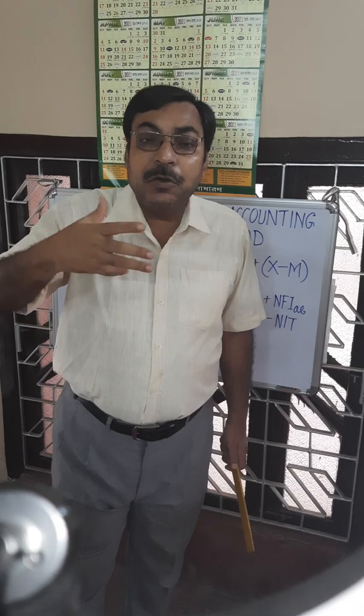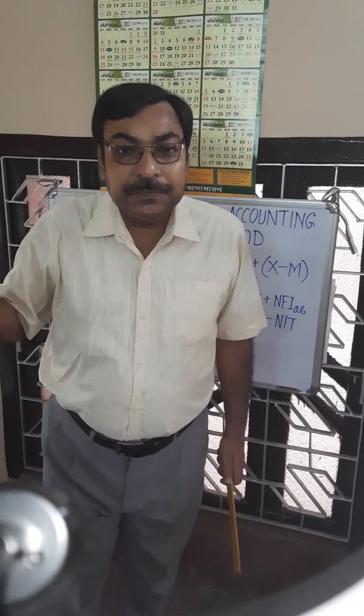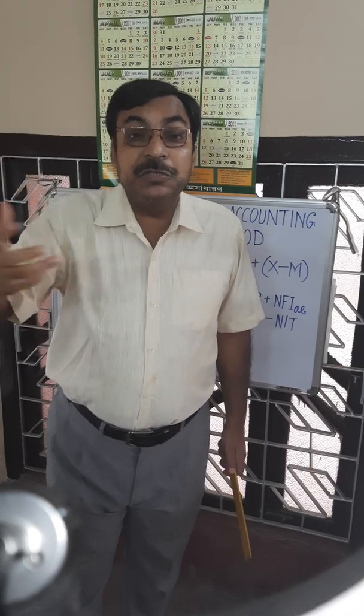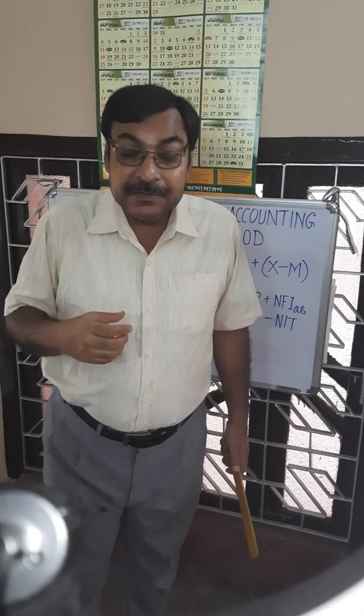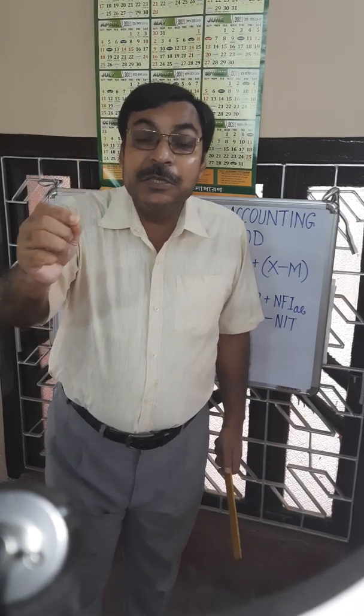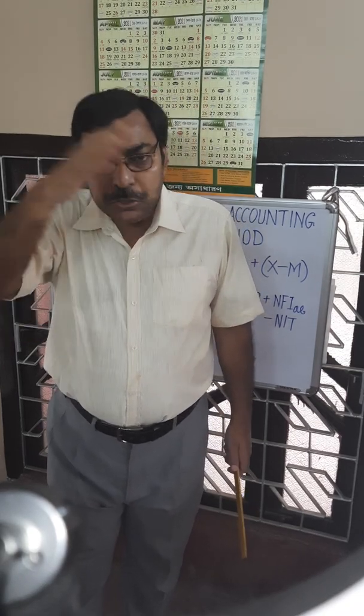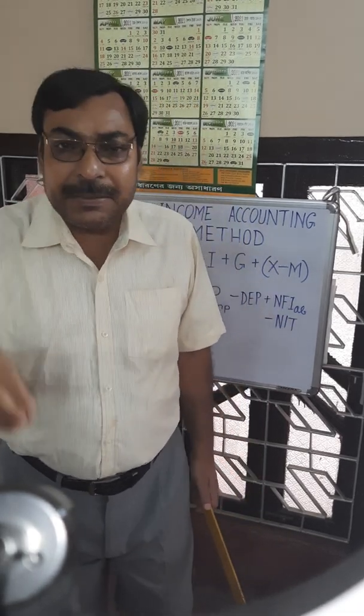This expenditure may be on non-durable consumer goods like food, on durable consumer goods like furniture, on semi-durable consumer goods like pen, pencil, paper, different electrical goods, etc. So altogether, expenditure on all these types of goods gives us private final consumption expenditure incurred by the households.